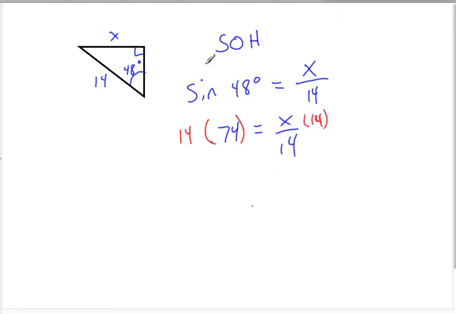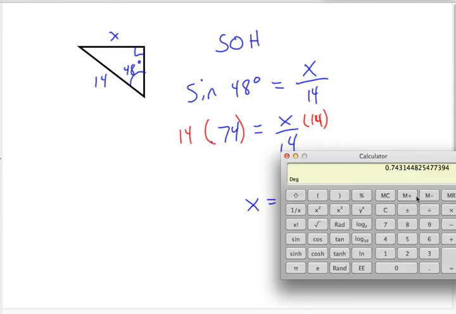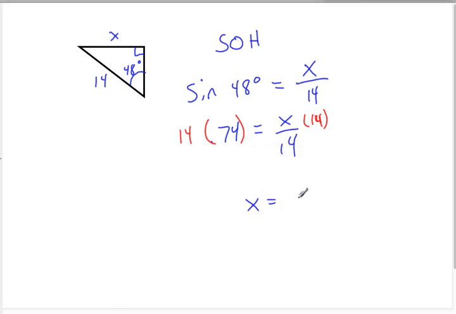And we get x equals whatever 0.74 times 14 is. So let's bring out the calculator. 0.74 times 14. And so we know the length of this side labeled x is 10.40 units, inches, feet, or whatever.